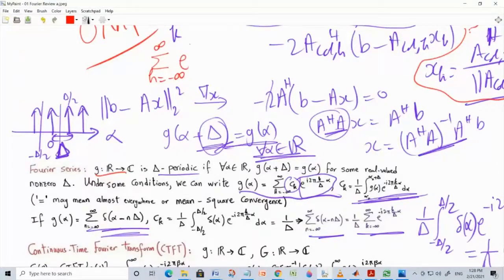Strictly speaking, this summation is not classical because if you think of this as a geometric series, it is not a converging geometric series because the magnitude of the ratio is 1. And for an infinite geometric series, you need the magnitude to be strictly less than 1. So classically speaking, this is not converging. But in terms of the Dirac deltas, this summation is equal to a train of Dirac deltas spaced at every big delta.